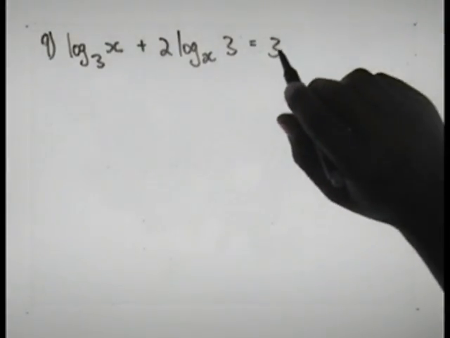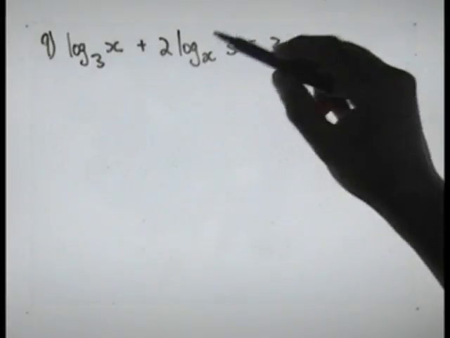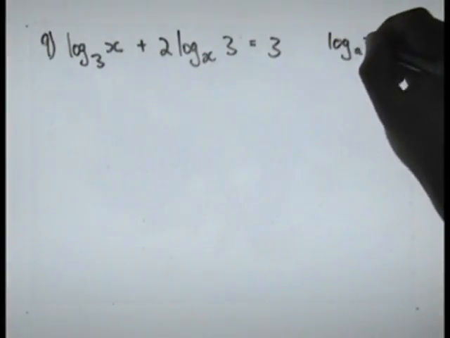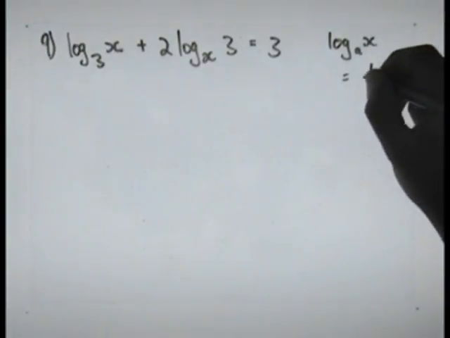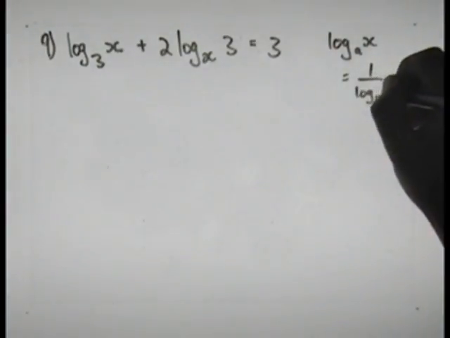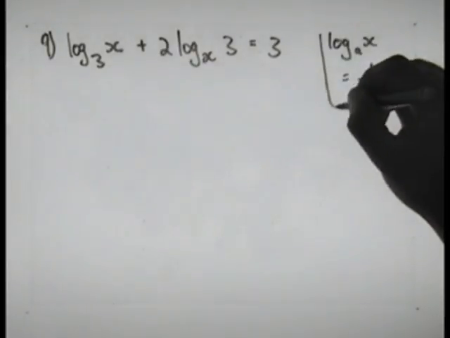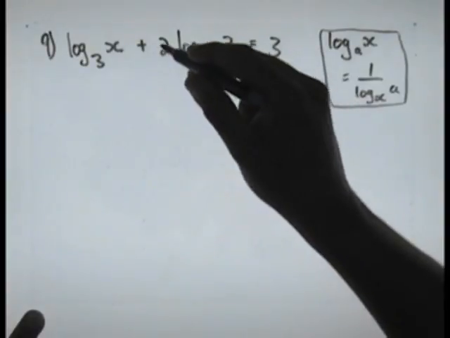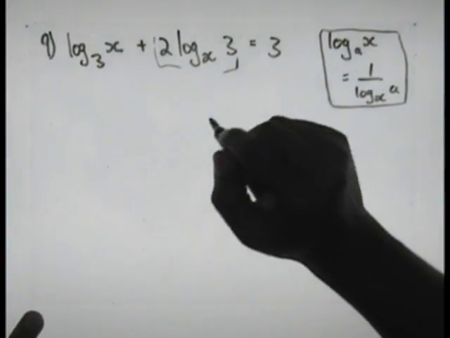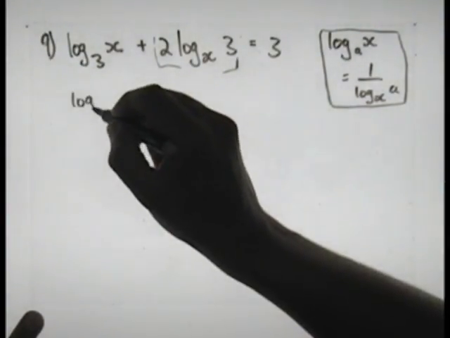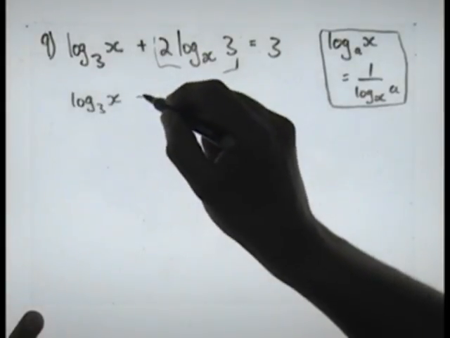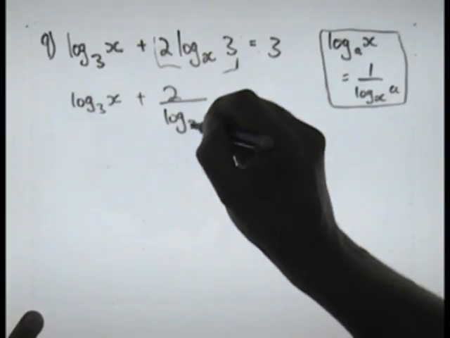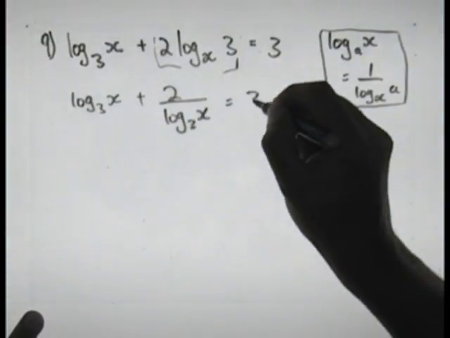Now what I'm going to do with this one is use this law which says that log base a of x is equal to 1 over log base x of a. I'm going to apply it to this middle term here. So this is going to stay as log base 3 of x plus 2 over log base 3 of x is equal to 3.